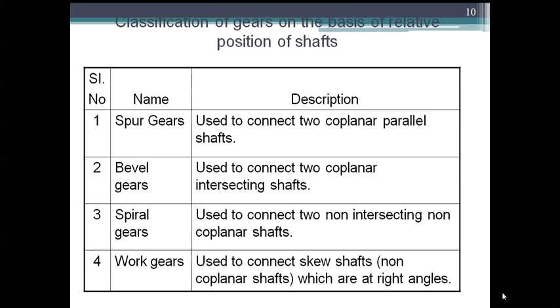According to the position of the axes of the shafts, the gears are classified as follows. First one is spur gears, used to connect two coplanar parallel shafts. Both are on the same plane, and both shaft axes are parallel to each other.